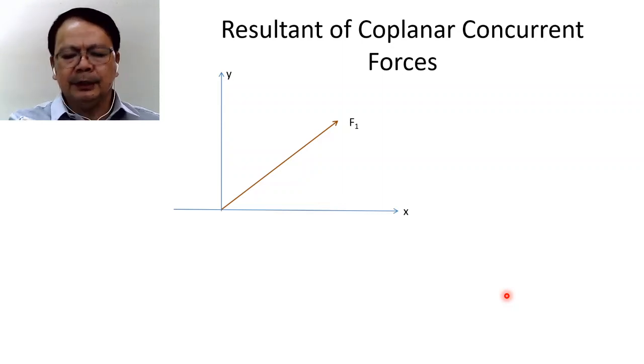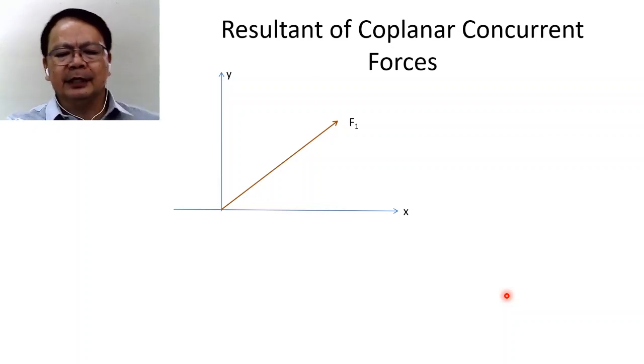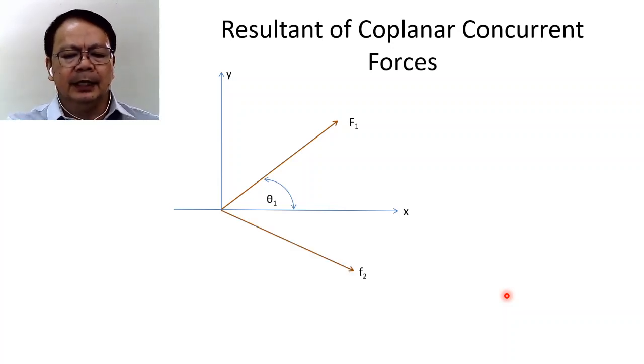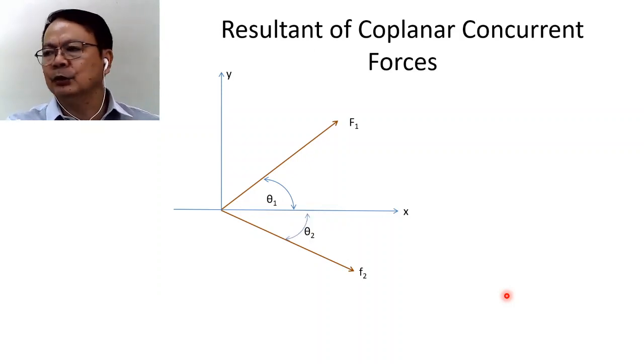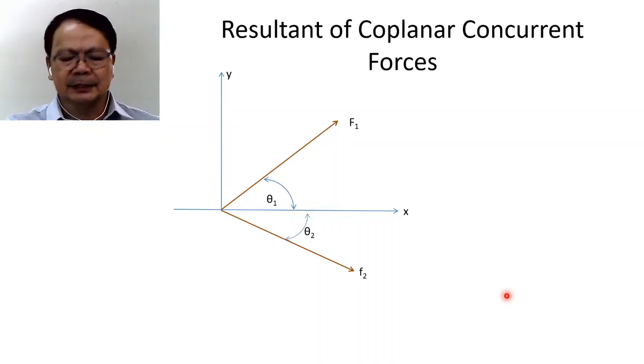Imagine that we have a force F sub 1 that is directed at an angle theta sub 1, measured from the positive x-axis. And imagine that we also have another force F sub 2 whose direction is also defined in terms of an angle that it makes with respect to the positive x-axis.